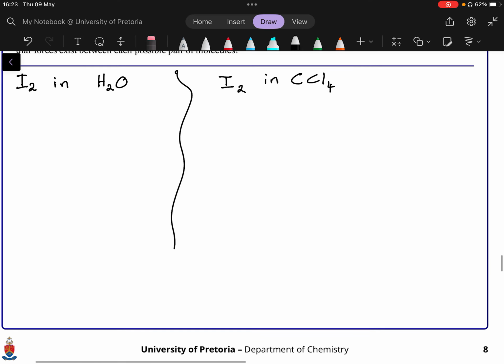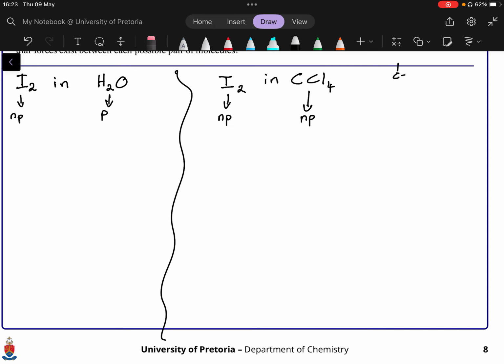What happens in either case? Well, iodine itself is nonpolar, right? Water is polar. Again, iodine is nonpolar, and carbon tetrachloride is also nonpolar.